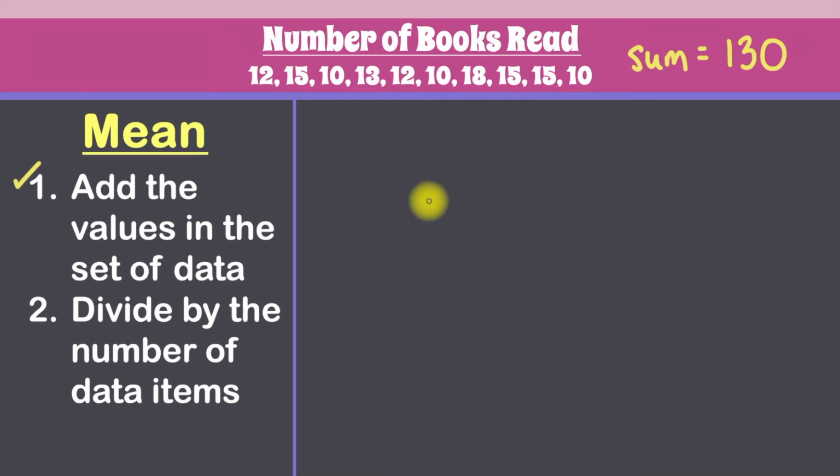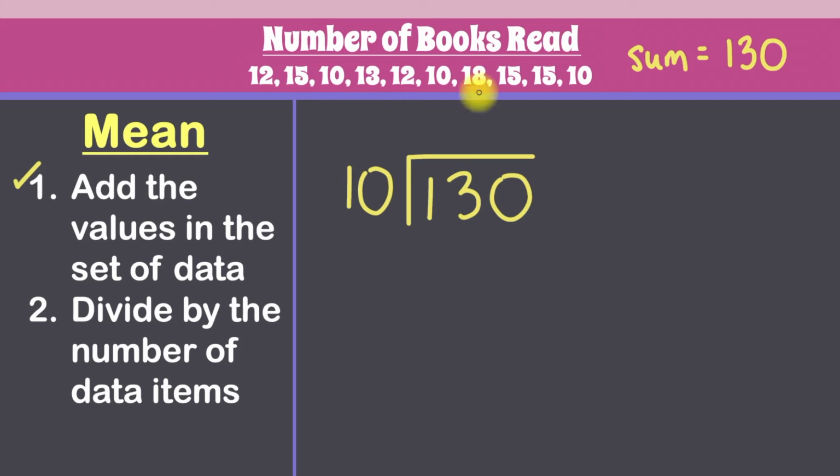So this means that we're going to have to divide the sum of data, 130, by 10, because we have 10 items in our set of data.